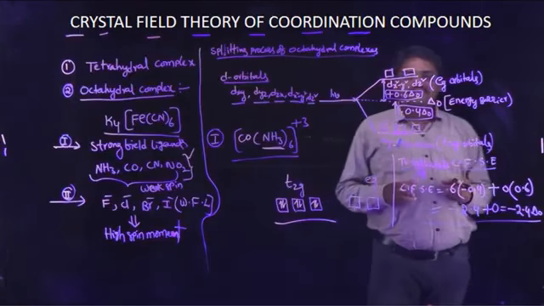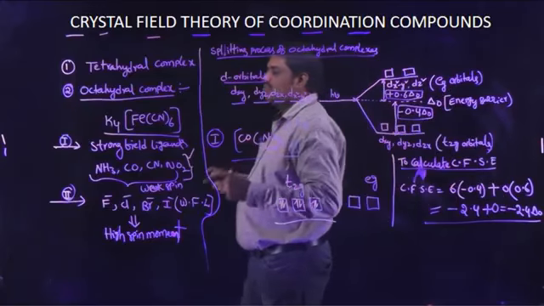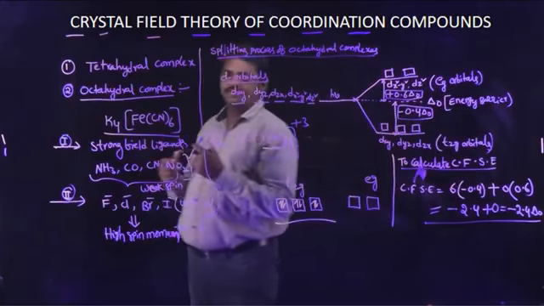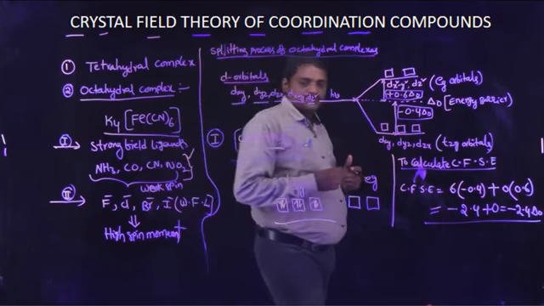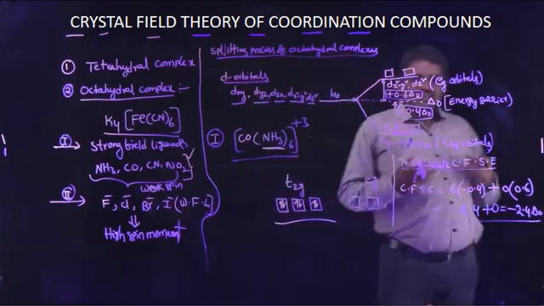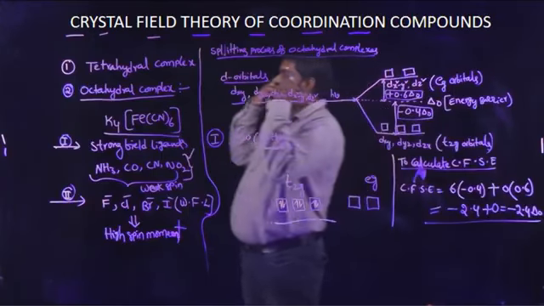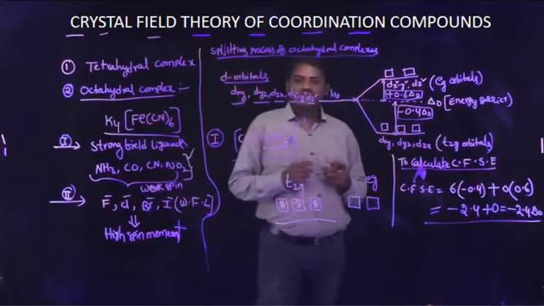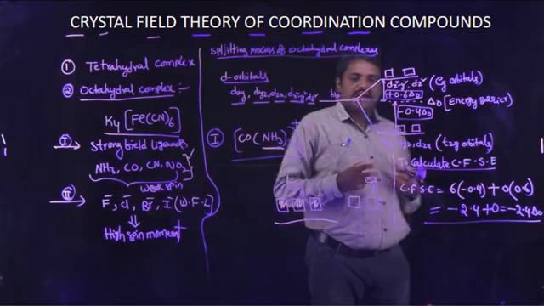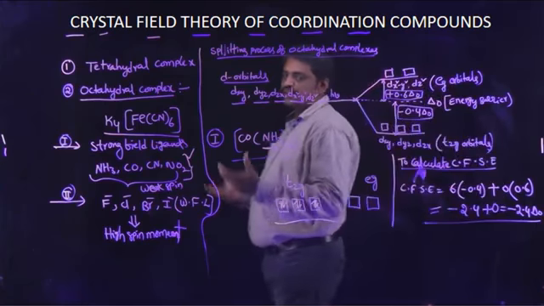Strong field ligands are those whose electrons are donated towards only one direction. Weak field ligands are those whose electrons are donated towards multiple directions. Strong field ligands have low spin. Weak field ligands have high spin.